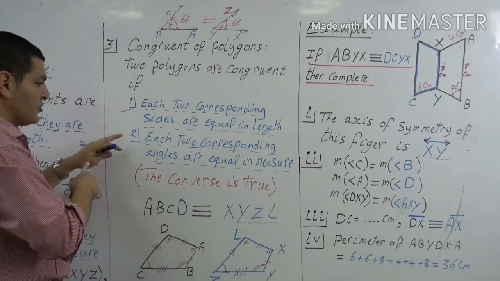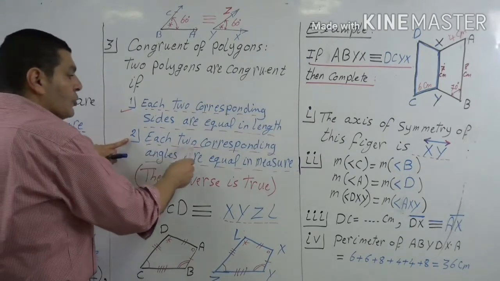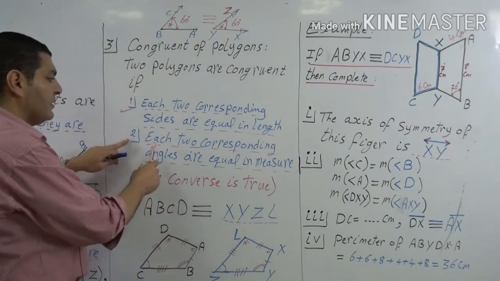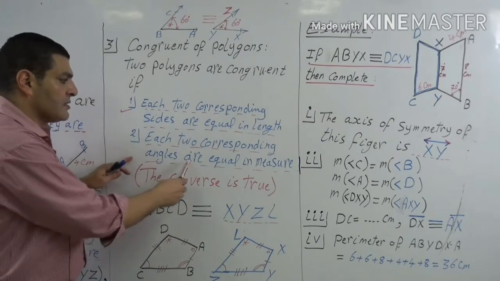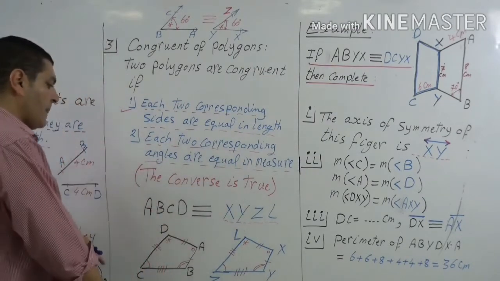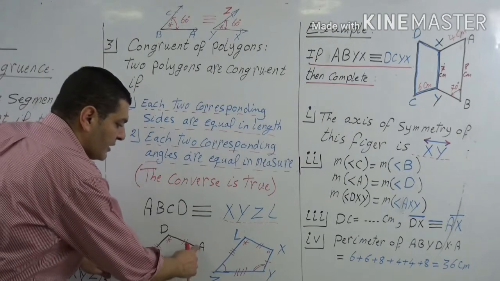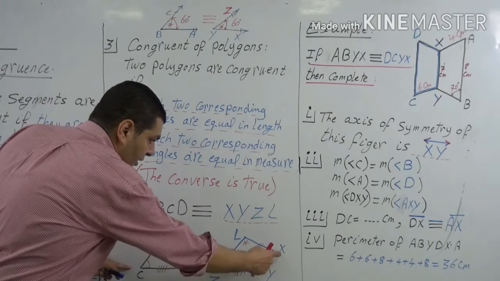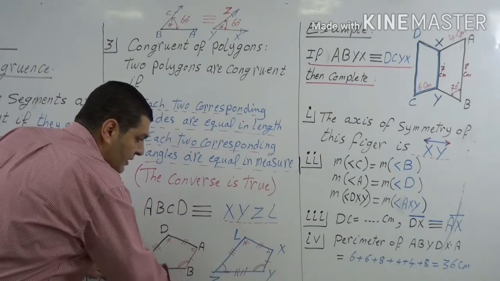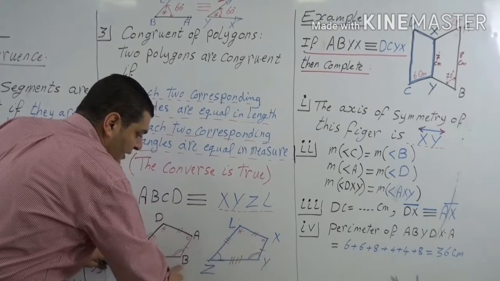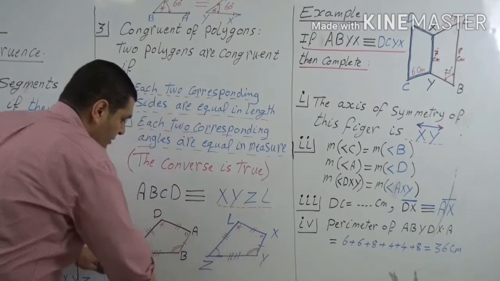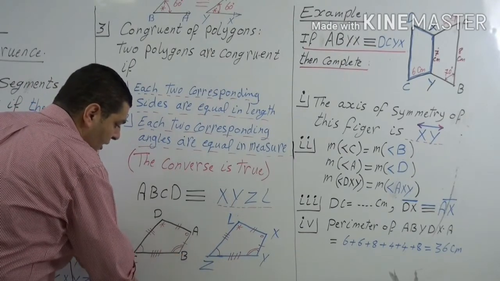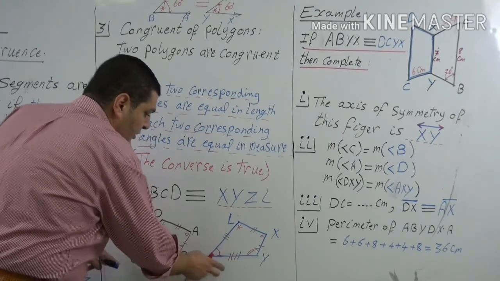Let's see the second condition. Number 2: each two corresponding angles are equal in measure. Measure of angle A equals measure of angle X, so angle A is congruent to angle X. Measure of angle B equals measure of angle Y, so angle B is congruent to angle Y. Measure of angle C equals measure of angle Z, so angle C is congruent to angle Z, and so on.